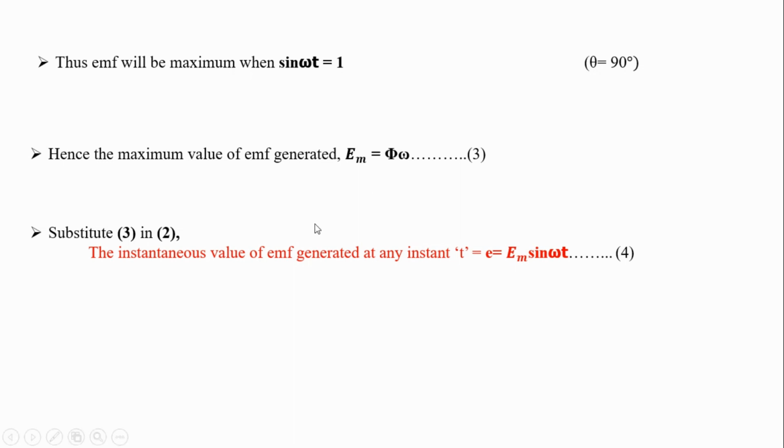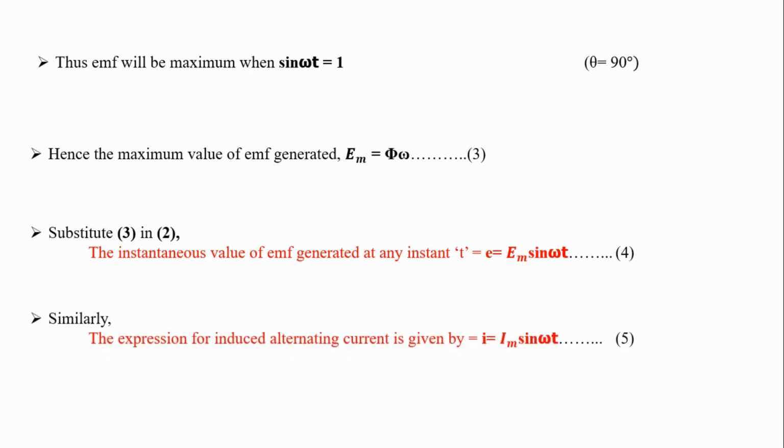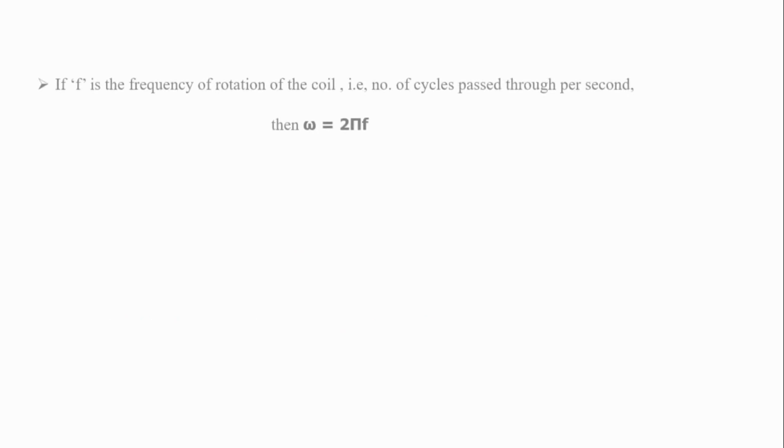So the instantaneous value of EMF generated at any instant t, small letter e, is equal to Em sine omega t. Let it be equation number 4. Similarly, the expression for induced alternating current is given by small letter i equal to Im sine omega t, equation 5.